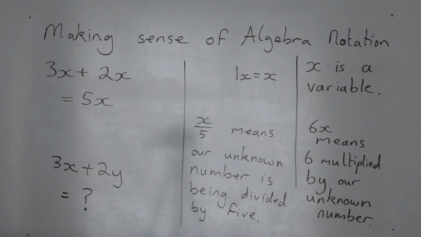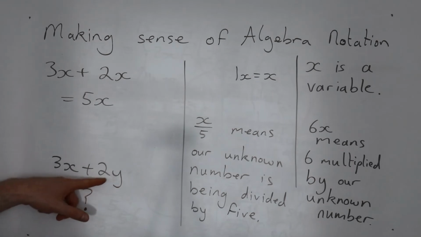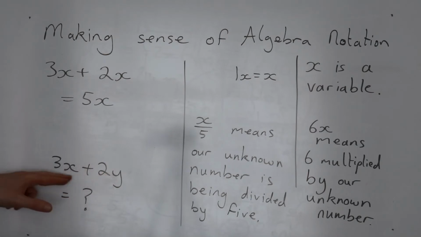Here we have 3x plus 2y. It's similar to the question above in that we have an unknown times 3, just like here, and an unknown times 2, just like here. The difference is these two unknowns have a different value.